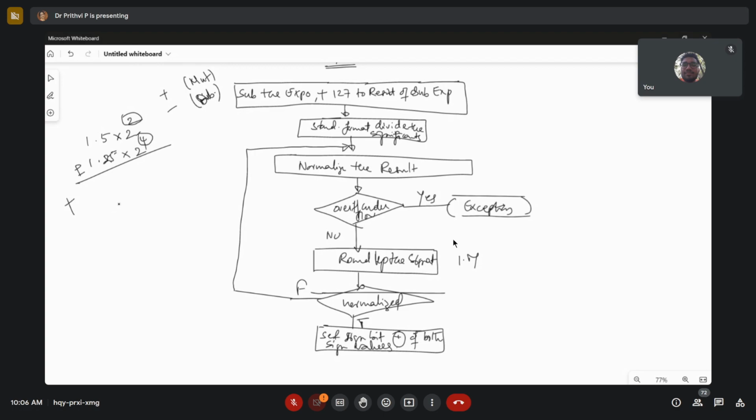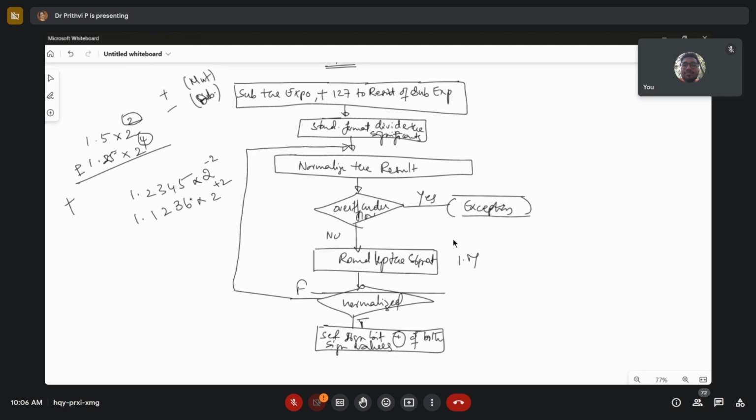Say I'm taking a value 1.2345 and 1. Say if this is -2 and this is +2, what is the difference between these two exponents now? 4, right?